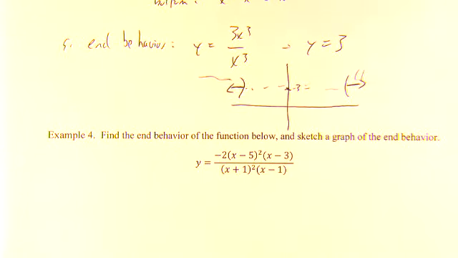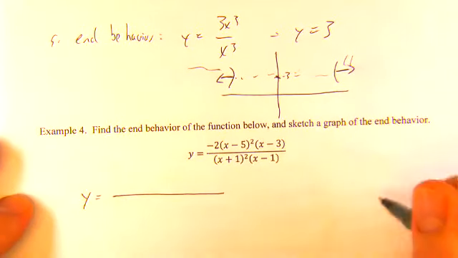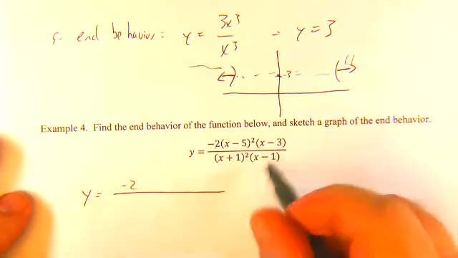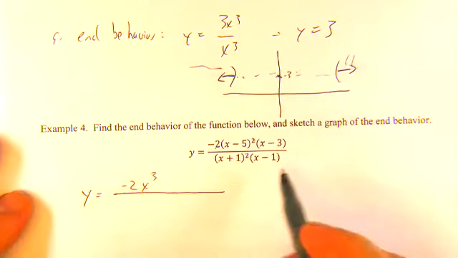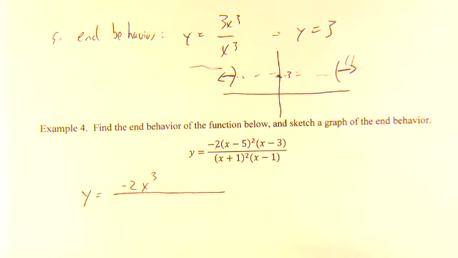What about this one? What's the end behavior? Well, I'm going to find the leading term in the top. So there'll be a minus 2, and I've got 1, 2, 3 factors in the top, so minus 2 x cubed.